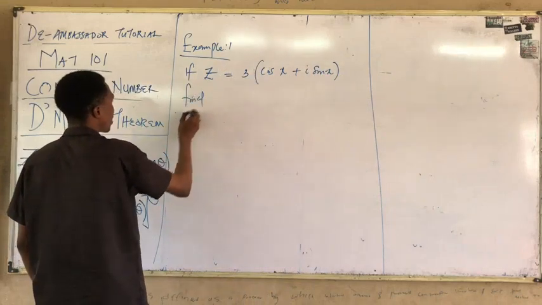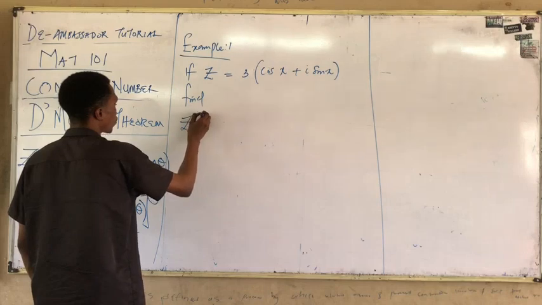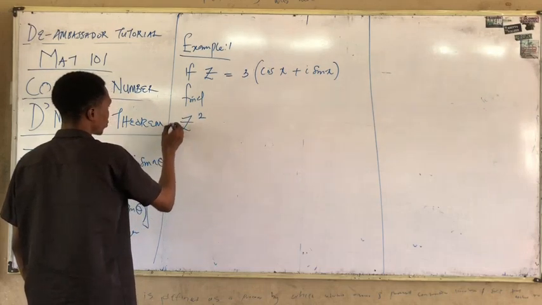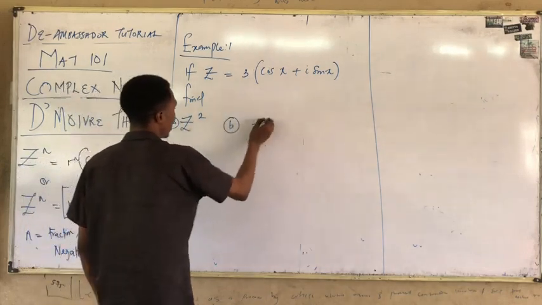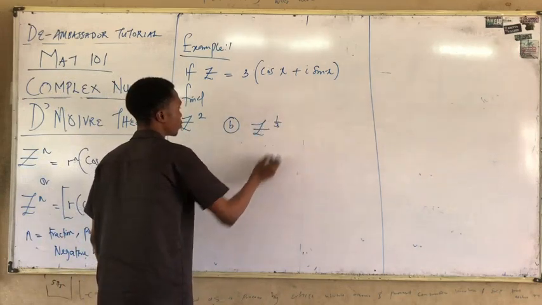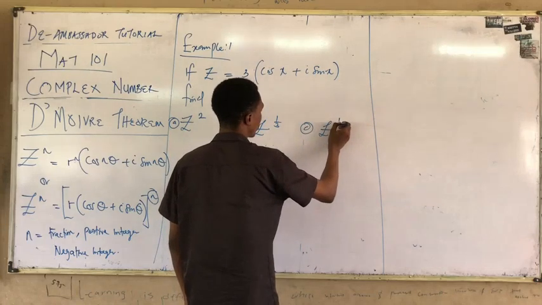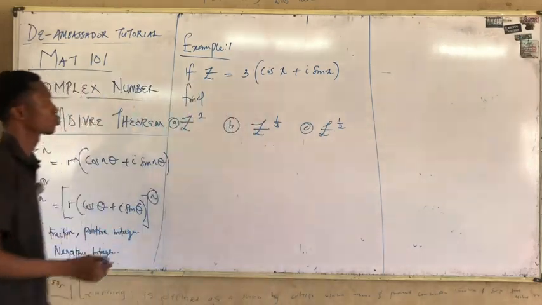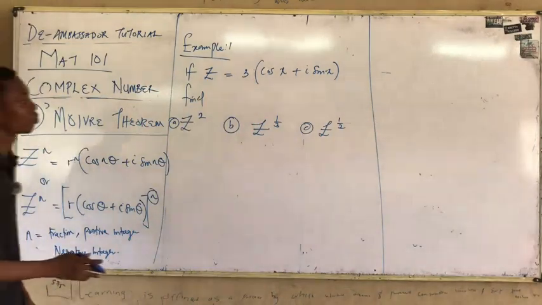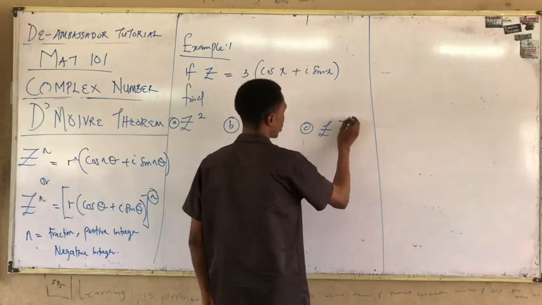Find z in the power of 2, z in the power of 1 over 3, z in the power of minus 1 over 2.